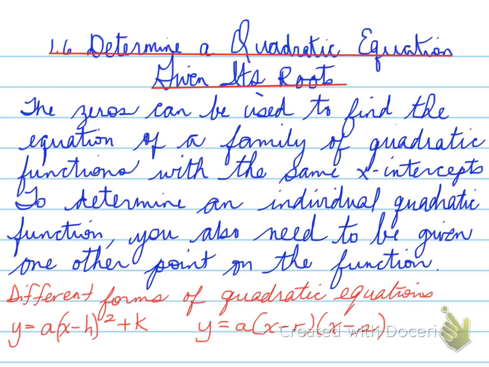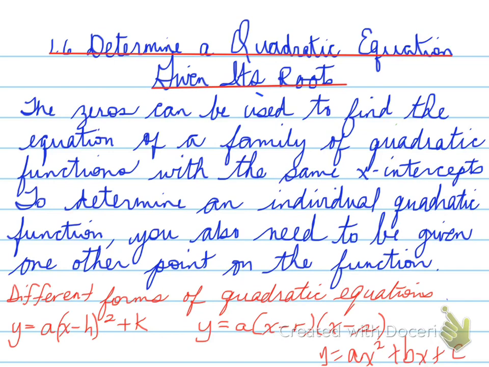So this is the factored form, or the roots form, r representing one of the roots and s representing the other root, or zeros. And finally, there is the standard form, y equals ax squared plus bx plus c. Sometimes you will need to express your final answer in standard form.